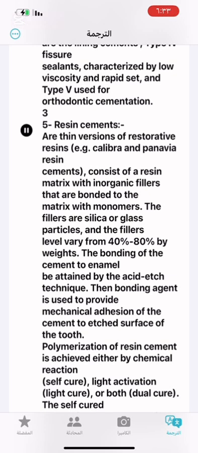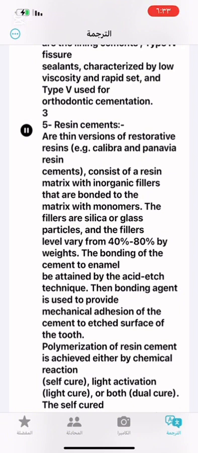Classification of glass ionomer cement. The most practical classification of the glass ionomer cements is on their clinical usage. Type I glass ionomer cements are the luting cements, characterized by low film thickness and rapid set. Type II glass ionomer cements are restorative cements, with subtypes.